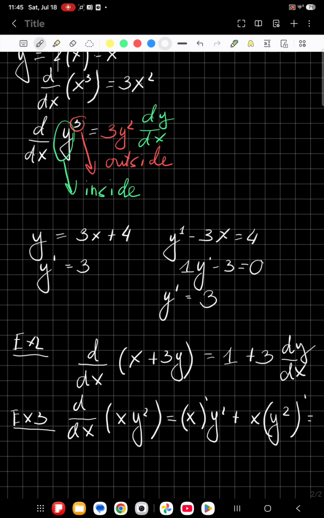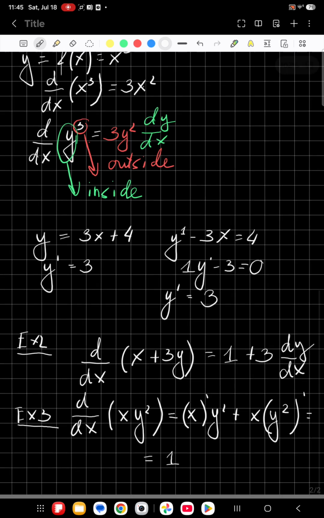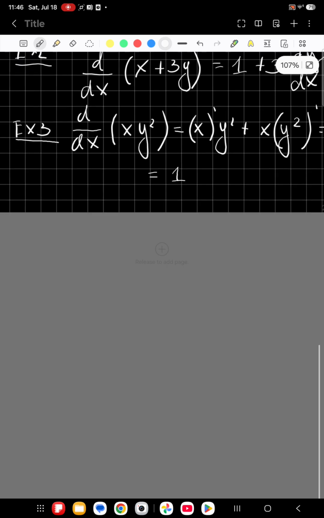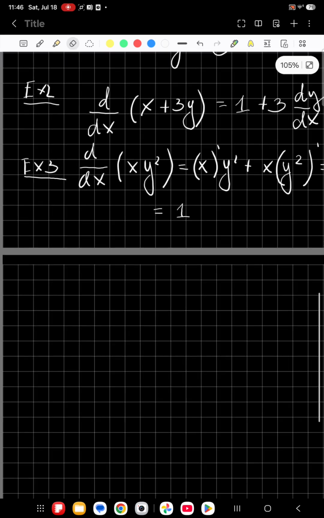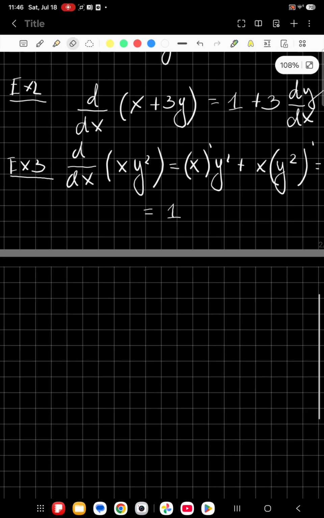Okay, so the derivative of x is just 1. Let me write it here. So we have 1, and then the second function is unchanged, so y squared.